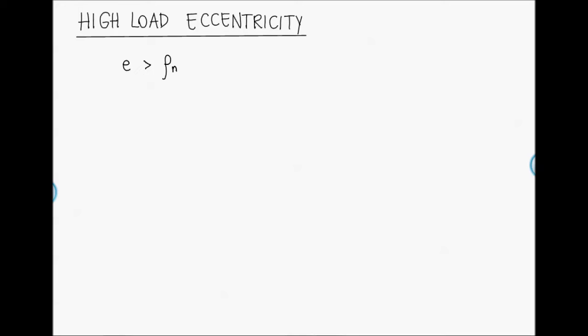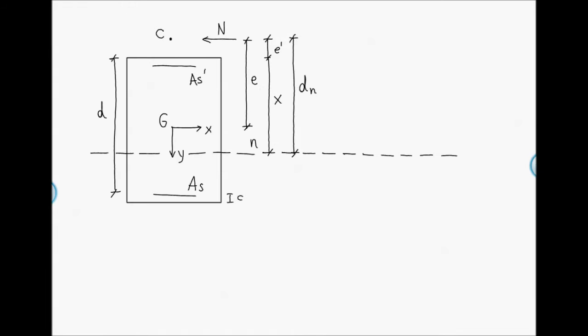And we have to consider, on our cross-section, the translational and the rotational equilibrium in order to find the neutral axis position and the stresses in the concrete and in the steel reinforcements. We consider now this rectangular cross-section.